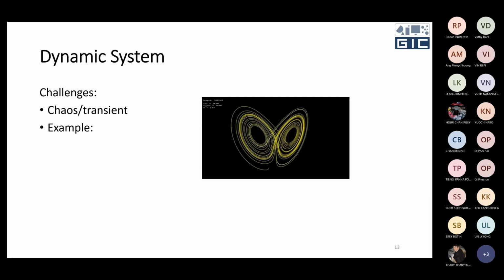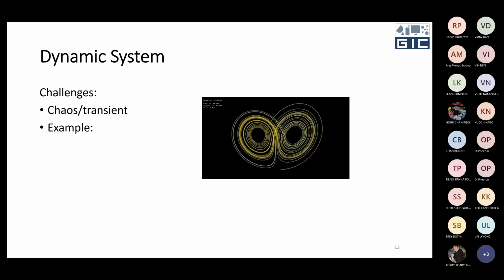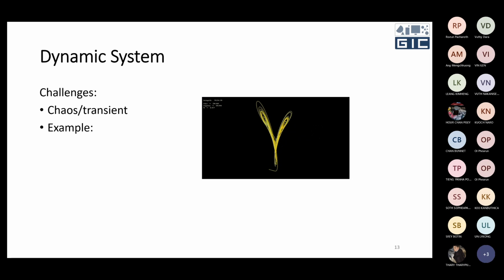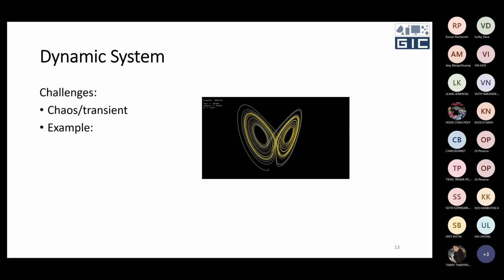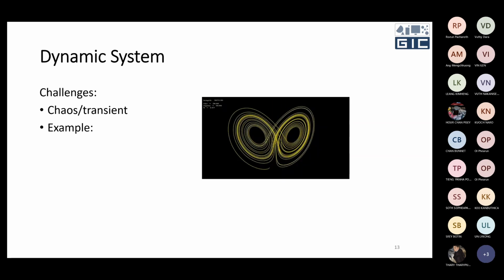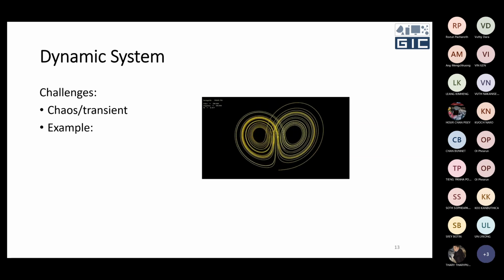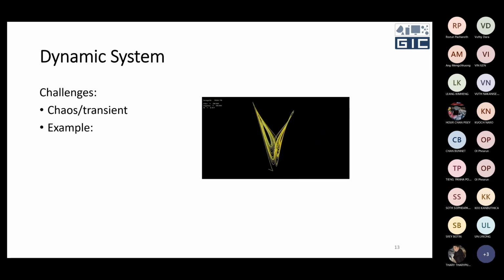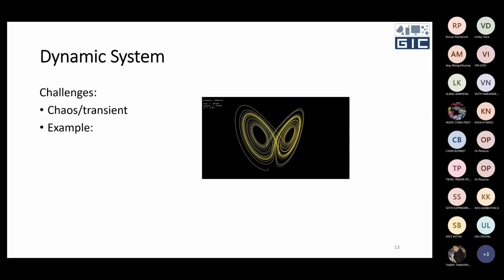But for some graphs, it's too difficult to use an exponential, just one simple equation. It's a too complicated equation, and our theory or definition of the dynamic system is a complex system. So this is one challenge, and we call it chaos. You can also say chaotic systems or transient systems.